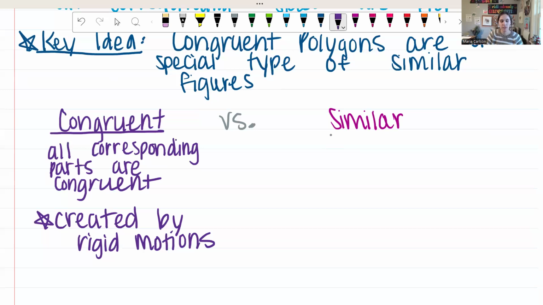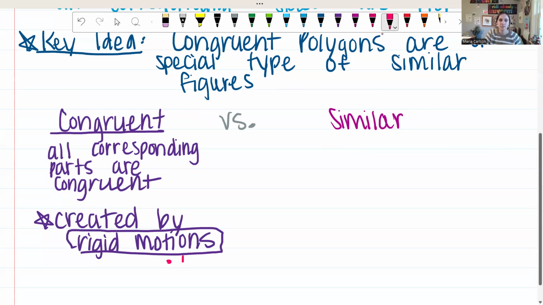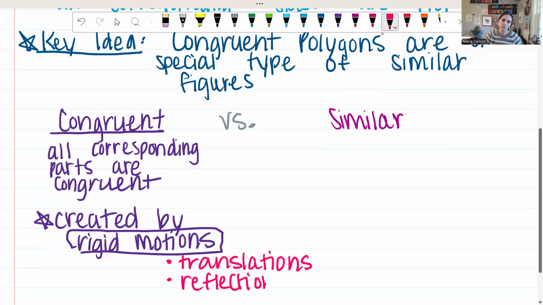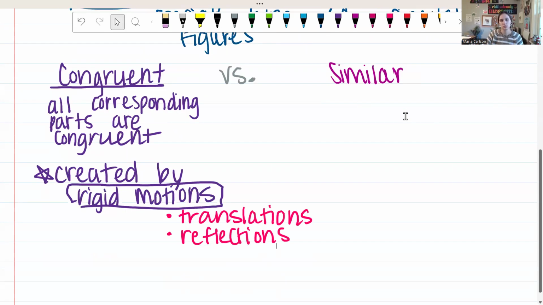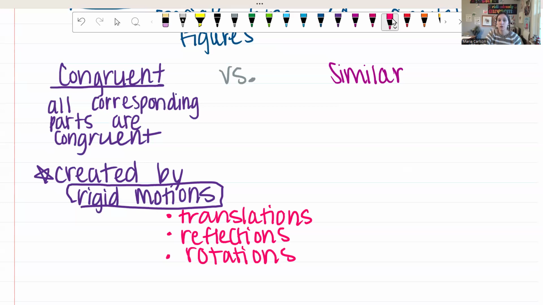Our three types of rigid motions that we dealt with were translations, reflections, and rotations. Those are congruent figures.